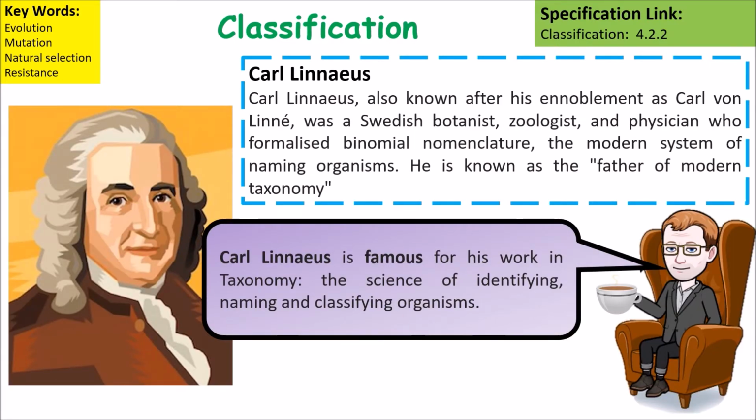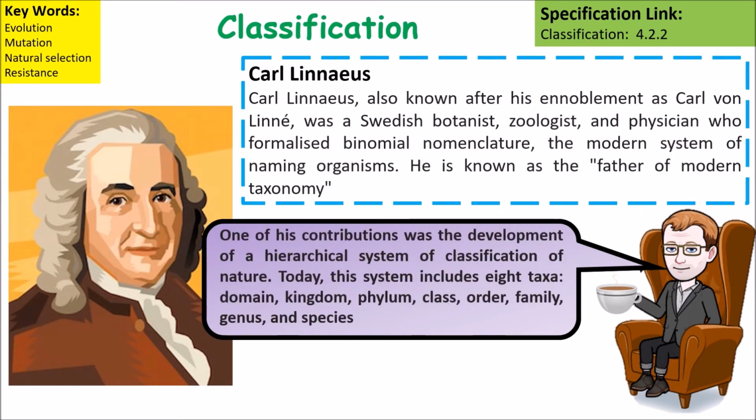So, as we previously talked about, Carl Linnaeus is famous for his work on taxonomy. So this is the science of identifying and naming organisms. One of his contributions was the development of the hierarchical system of classification of nature that we use today.